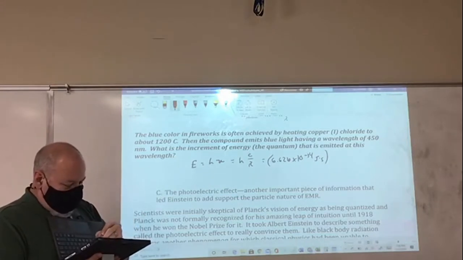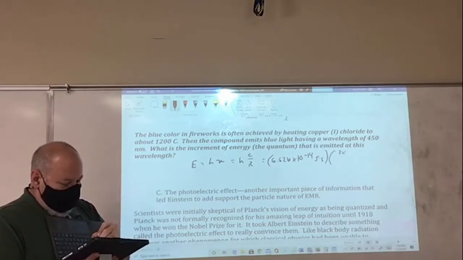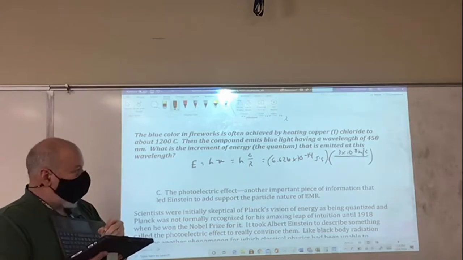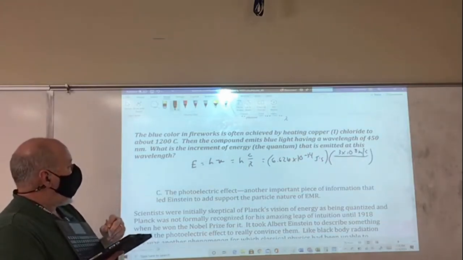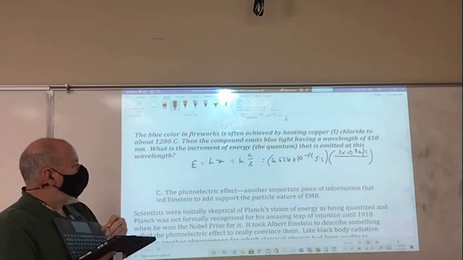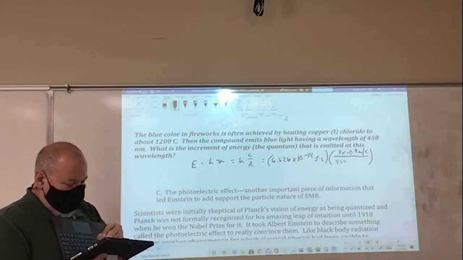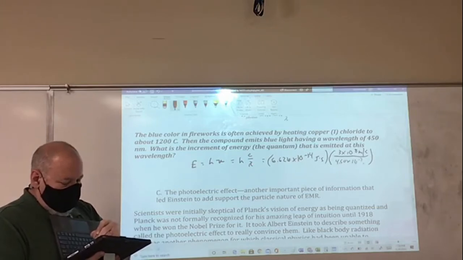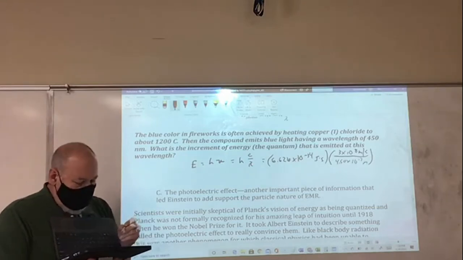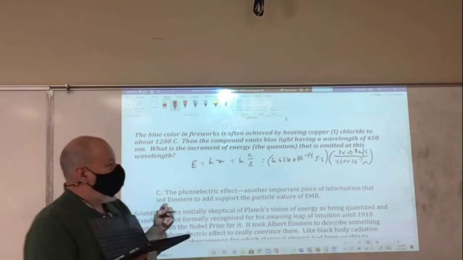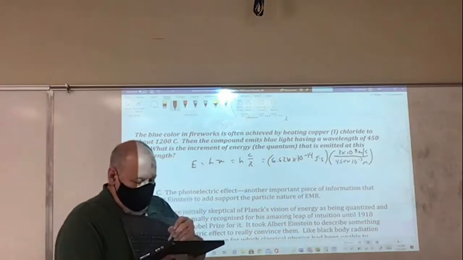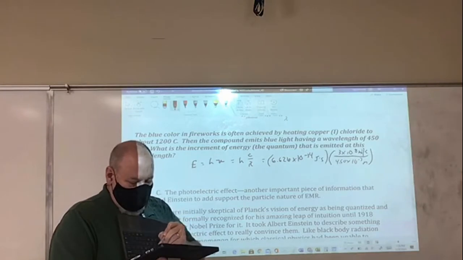Times 3 times 10 to the 8th meters per second, divided by 450 nanometers, and that's going to be 4.50 times 10 to the negative 7th meters. Okay, recognize that the meters are going to cancel out.